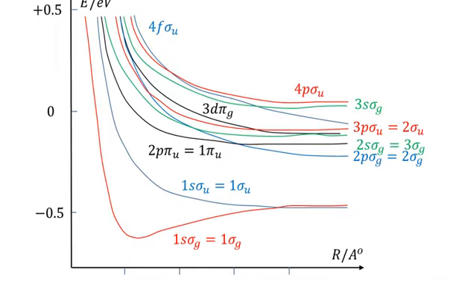And you know that for larger values of R, they seem to converge. For example, in this region, beyond R greater than 4 angstrom, they seem to converge at some lines or at some points, and some other curves also converge along with that.